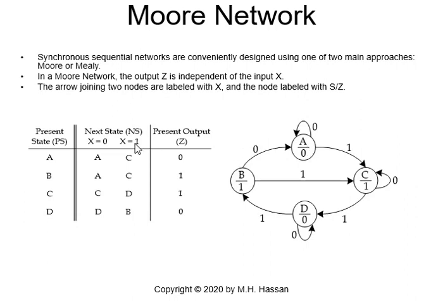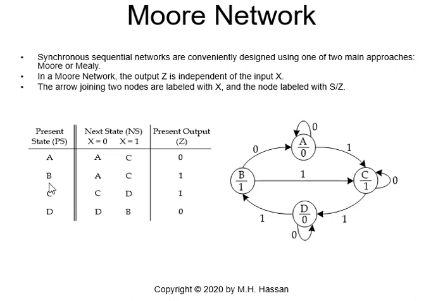However, if X is 1, I will go to state C, from A to C, when X is equal to 1. Now, I can go in the sequence of the graph, or I can go in the sequence of the table.